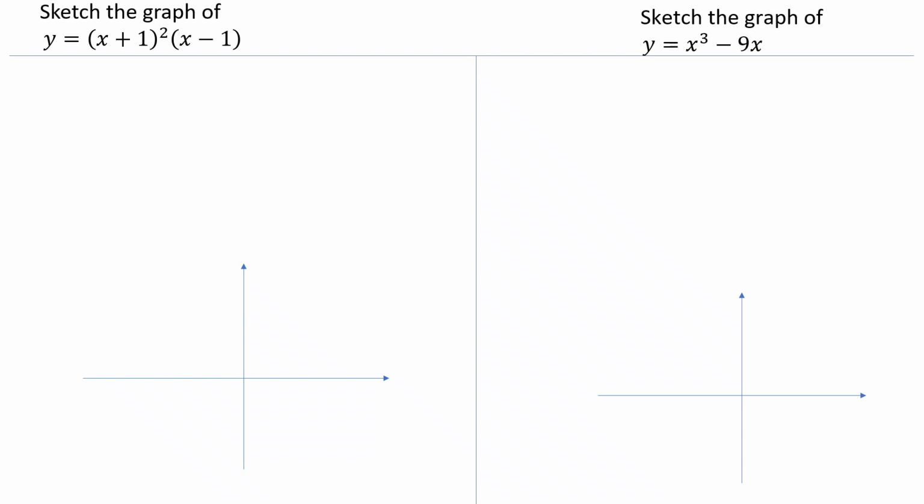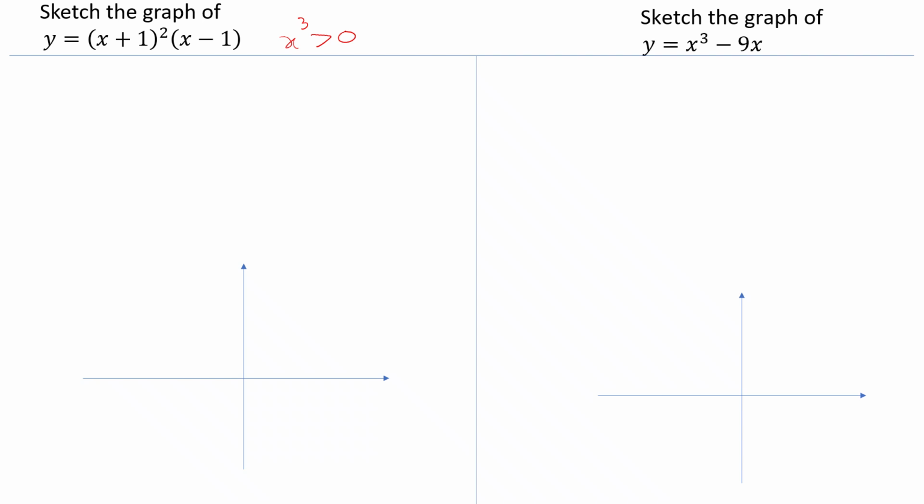Take the graph y equals (x + 1) squared times (x - 1). Here you can see the x cube is positive. So x cube greater than 0. And you can see (x + 1) squared. So the roots, we have two same roots.